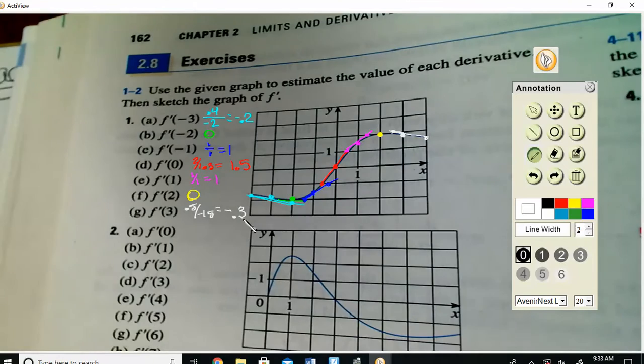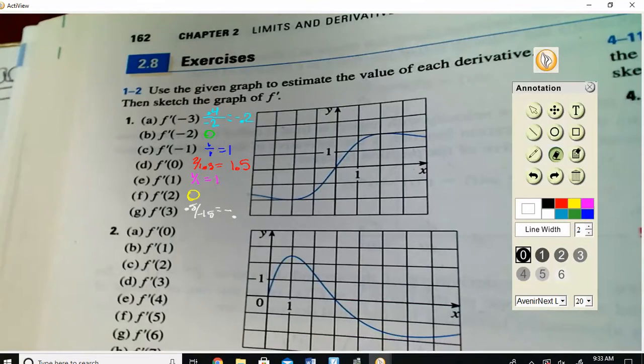Okay, then it wants us to use all of these to graph our derivative. So if I am graphing this derivative, I'm just plotting each of these points.